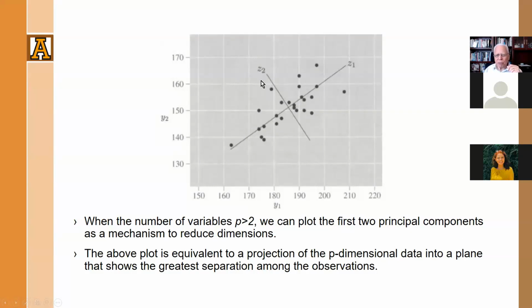So we're essentially rotating our axes. This is the original axis here, and we're rotating those axes, so that now the first axis, Z1, captures most of the variability in the data, and Z2 captures the second largest variability in the data.